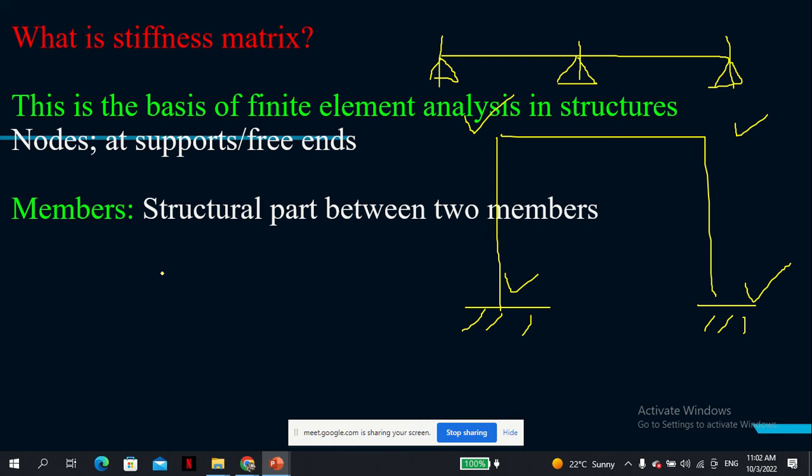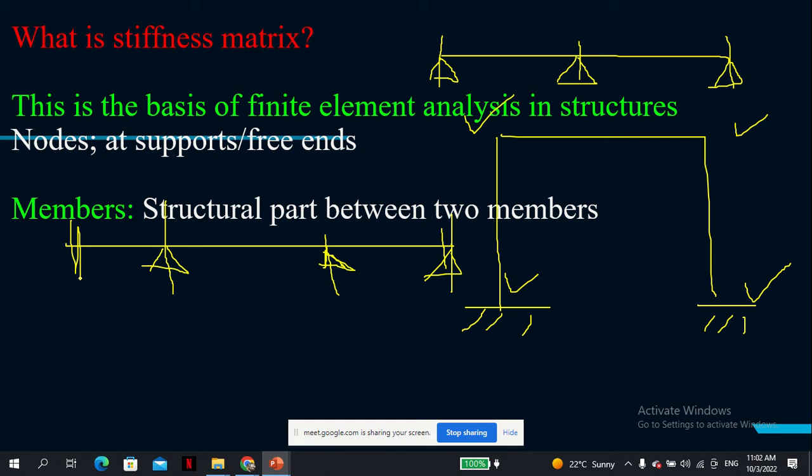If you have an overhanging beam, for example this one, and there's another one there, another one there, it depends on you. You take this as a node, this as a node, and this as a node, and also the free end as a node.